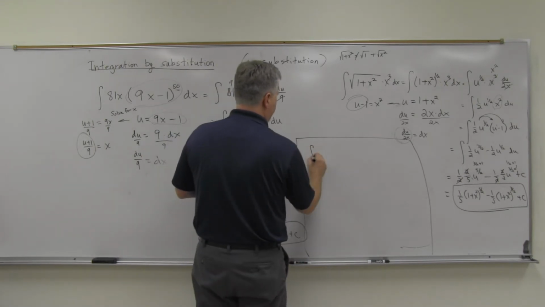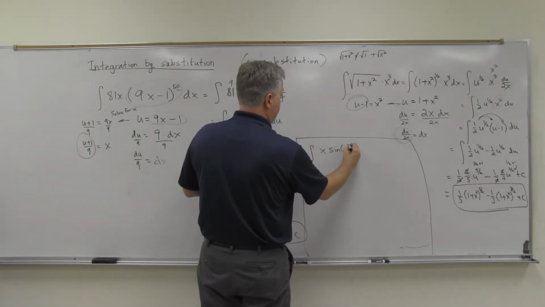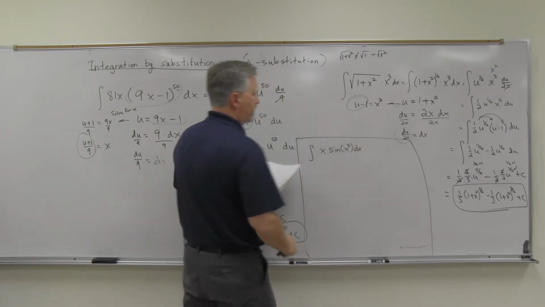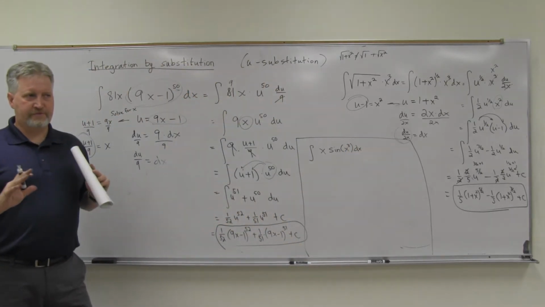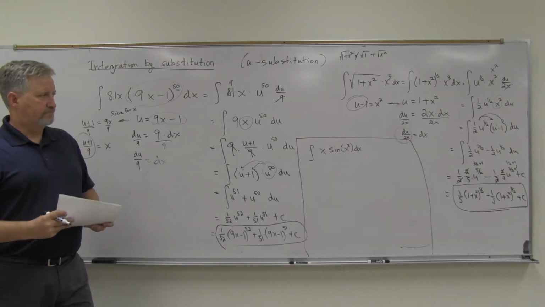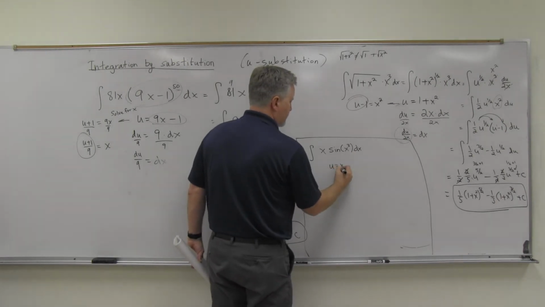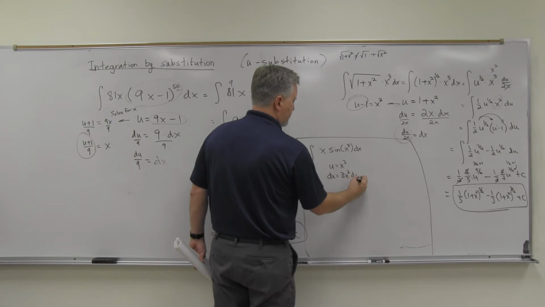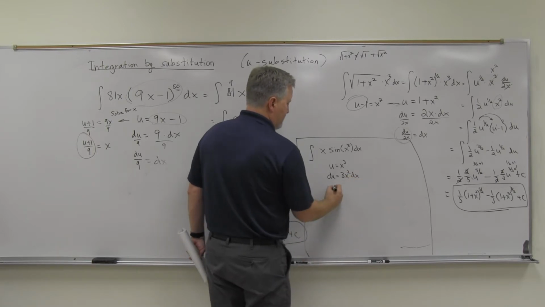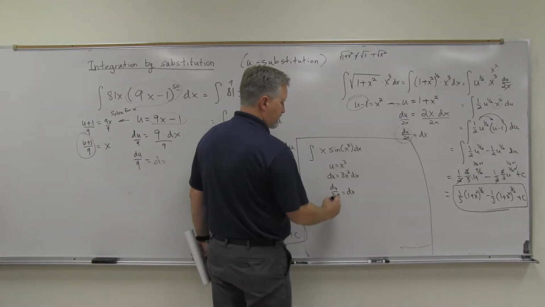Let's say I have the integral of x sine of x cubed dx. So this one is going to be a little different problem. It's obvious u would be x cubed, du would be 3x squared dx, and so dividing by 3x squared, my dx is going to be du over 3x squared.